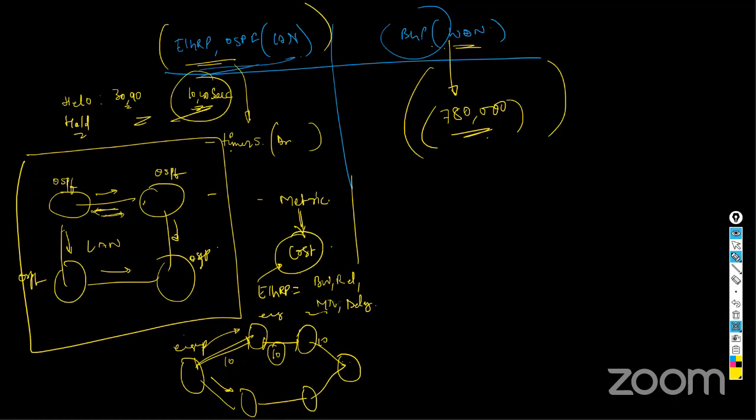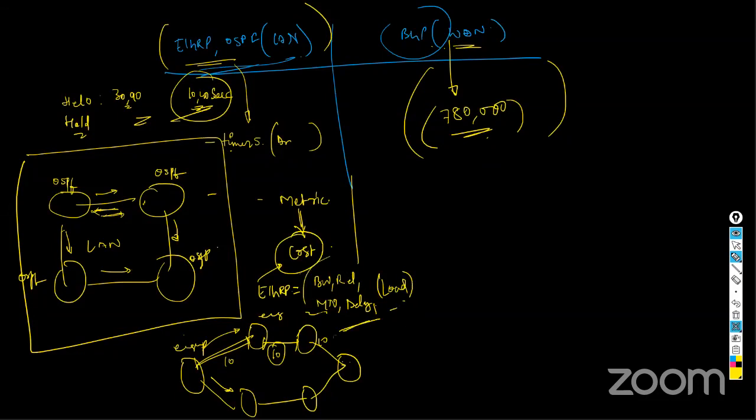and what else? I think I'm missing one: bandwidth, reliability, MTU, delay, and what else? There's one more I'm missing. Does anyone know the fifth component? It's load.